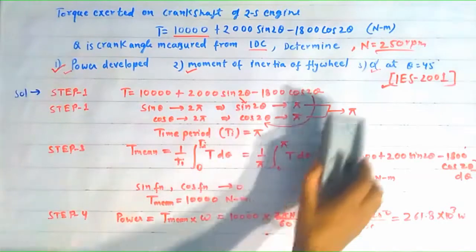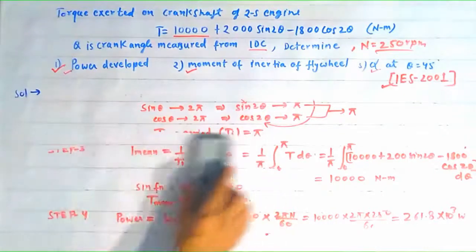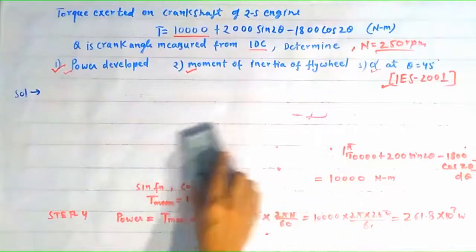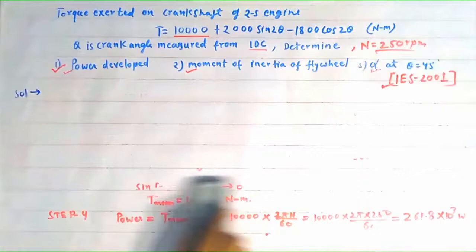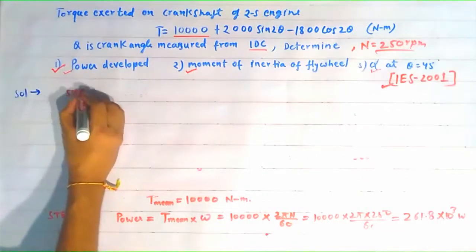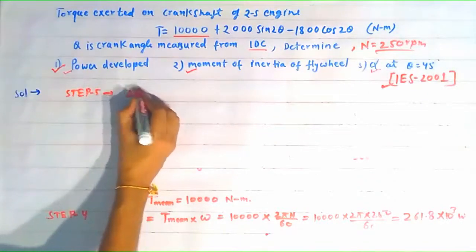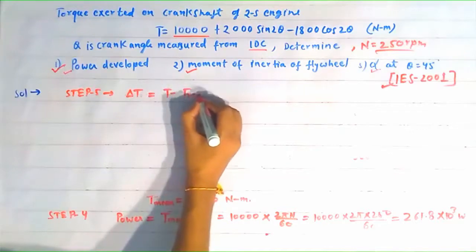Now I will rub out the above work, that is step number 1 and step number 2. You should better note down these steps, and I will come to step number 5. In step number 5, I will calculate ΔT, and ΔT is equal to T minus T mean.